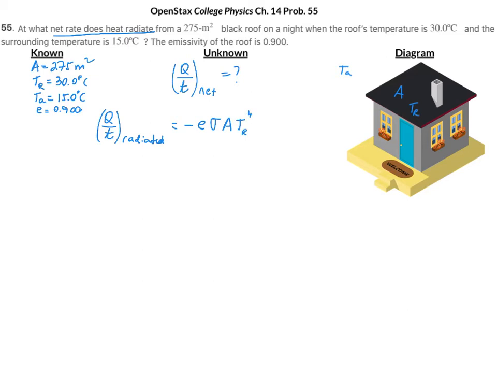Then the heat that's absorbed by the roof is positive because it is absorbed. So that's e sigma A T that the air gives off to the fourth power. That means that Q over t net, which is what we're looking for, is the sum of these two.